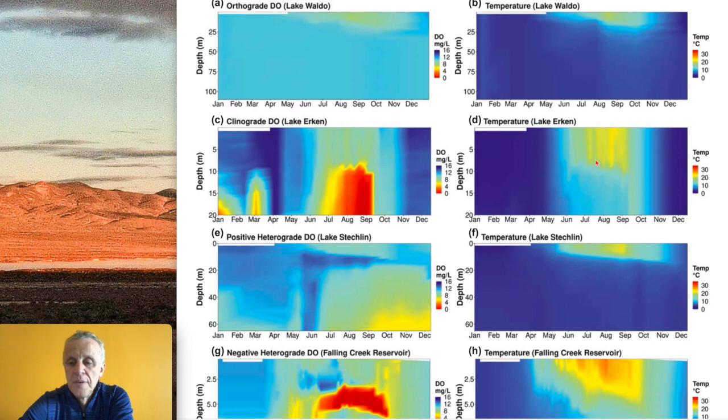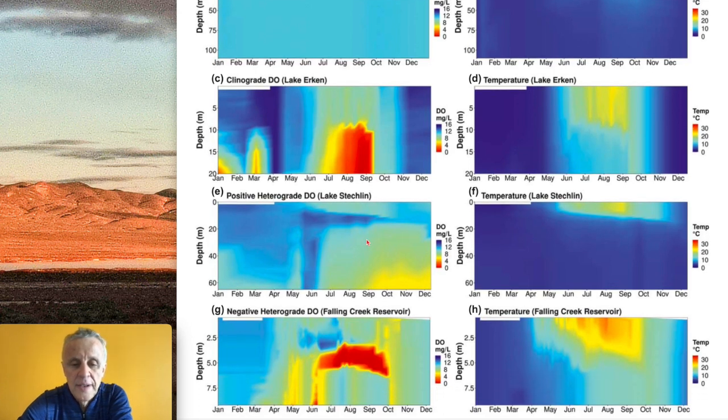And the temperature there shows a lake with a thermocline, with very stable temperatures in the winter and mid spring, as well as in the late fall. And this is the ice layer, so this lake is frozen over until early April, whereas Lake Waldo is frozen all the way to early May.